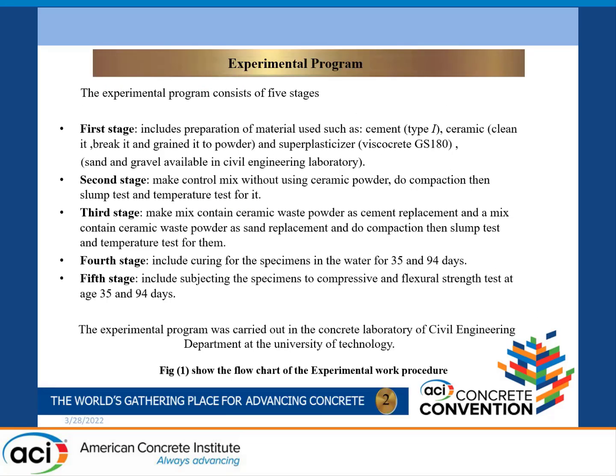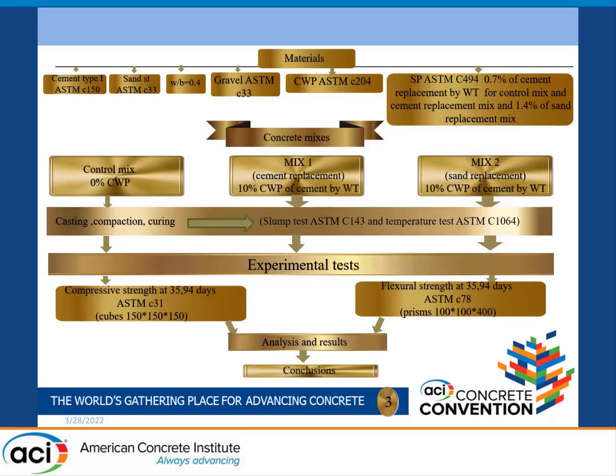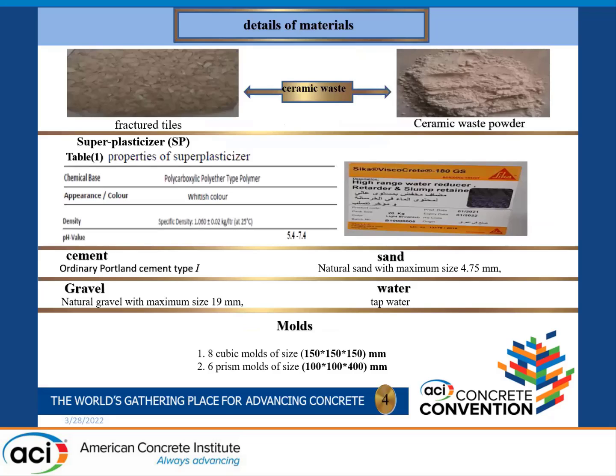This is our experimental program, which consists of 5 stages, and it's explained by a flow chart as shown. The first stage is to prepare materials such as cement.